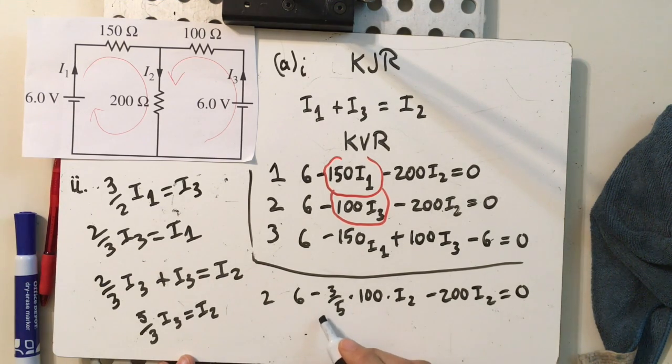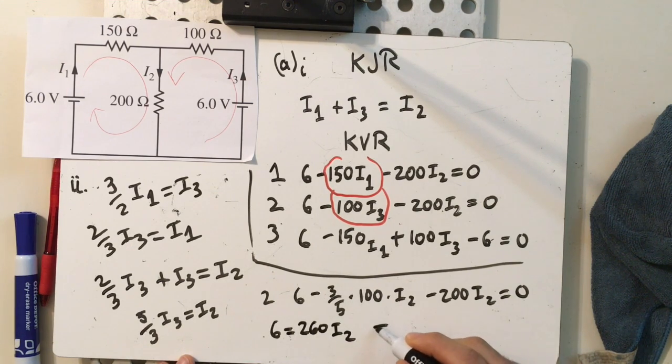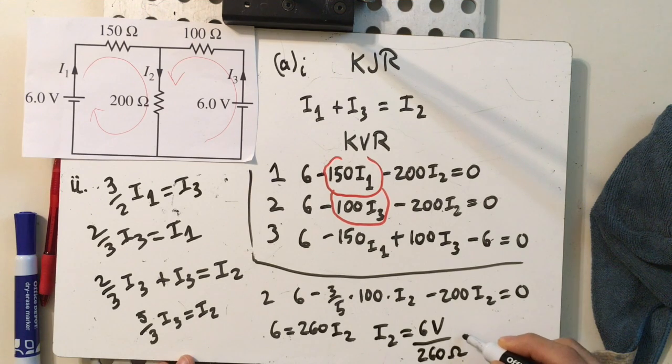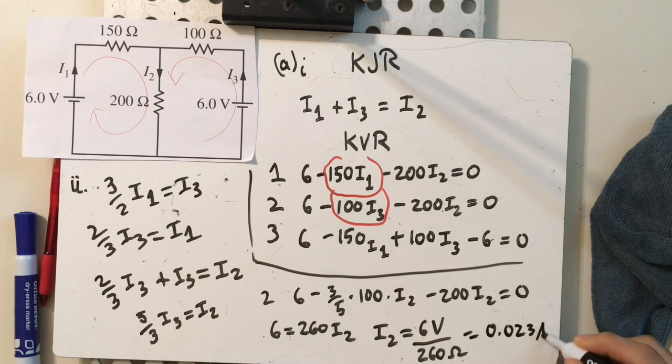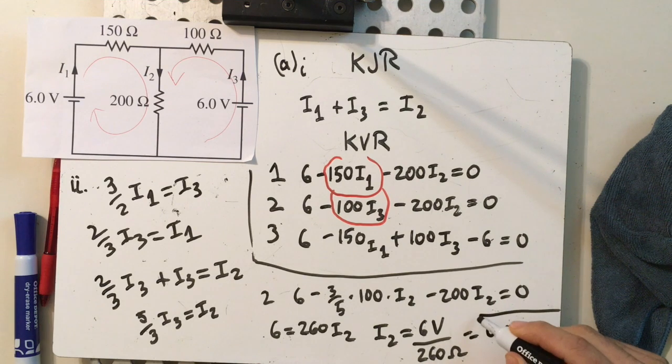So we have 6 minus 260 I2 equals 0. So 6 volts equals 260 I2. Therefore, I2 equals 6 volts over 260 ohms. And that gives us the answer of 23 thousandths amp, which is the correct answer.